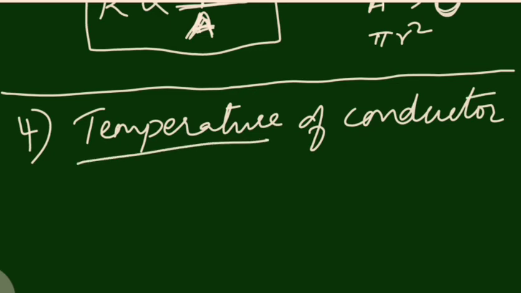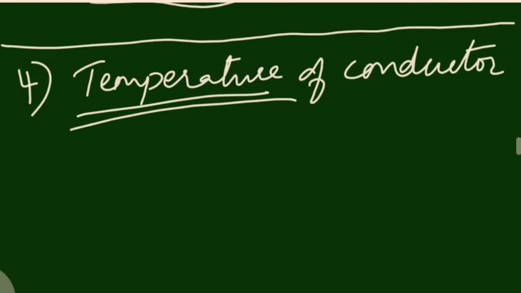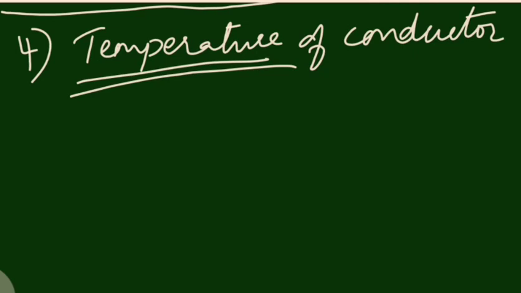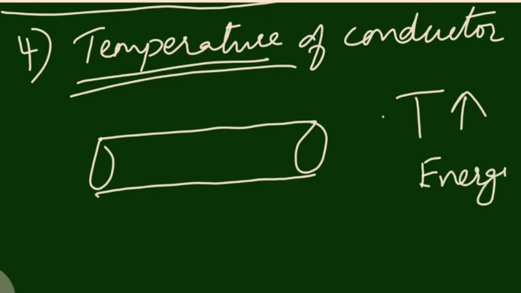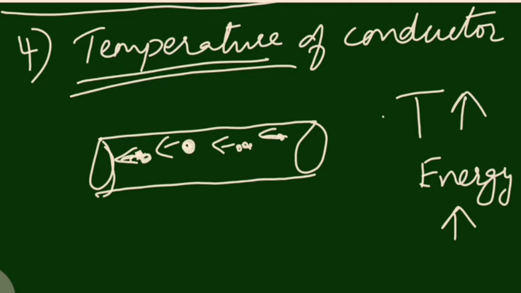If more temperature is there, more energy is there, more heat is there. More temperature means energy will be more. So when the conductor is being heated, or when the temperature of the conductor increases, what will happen? The energy of these electrons will increase because they are getting heat energy.